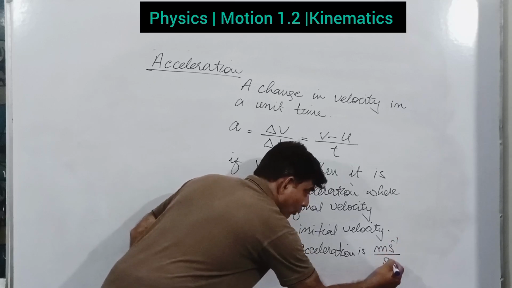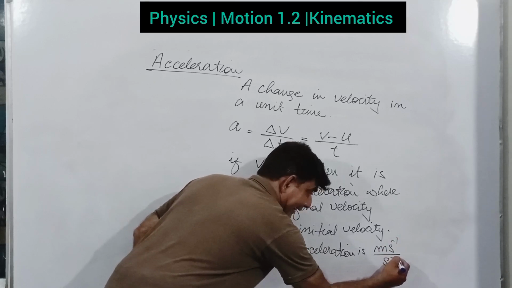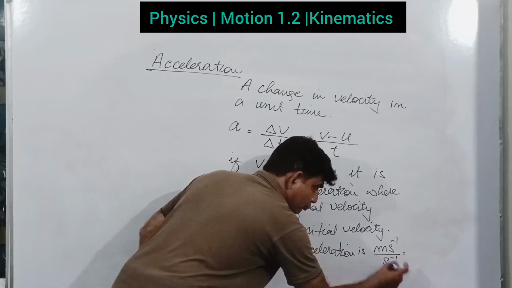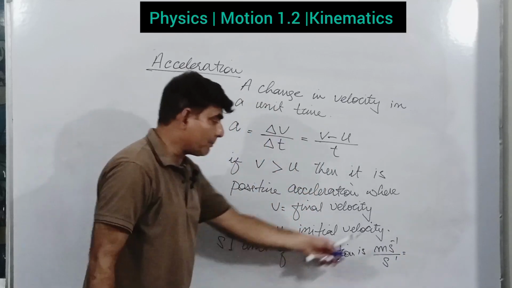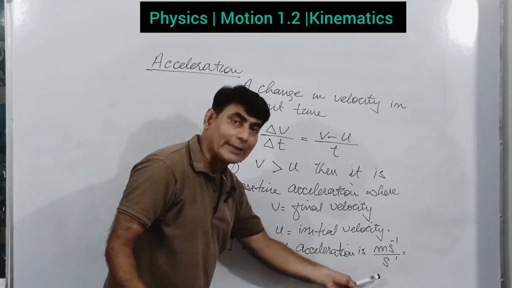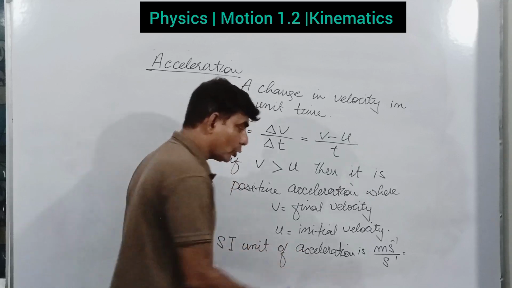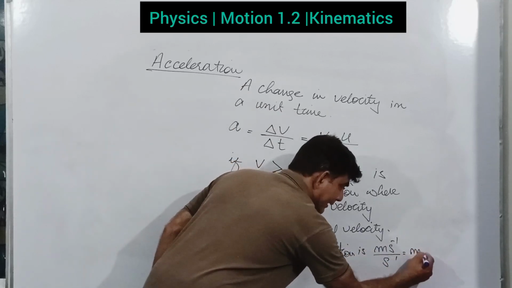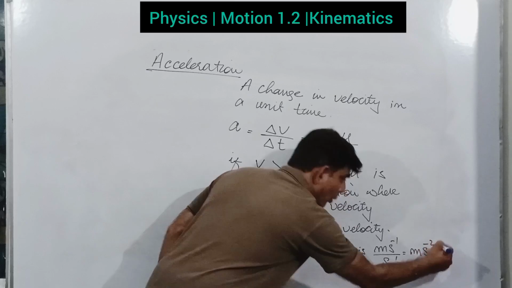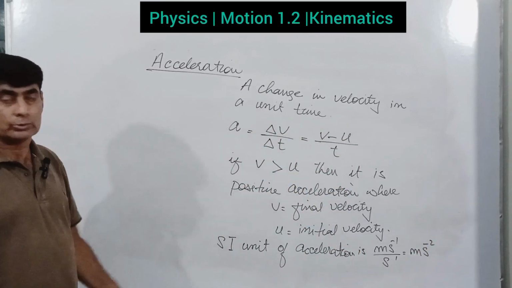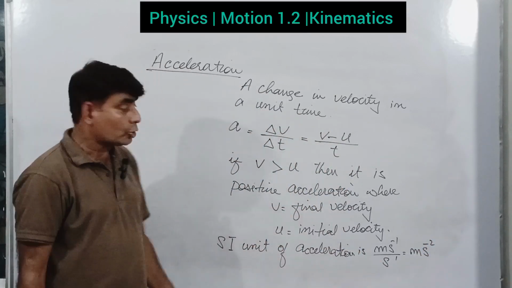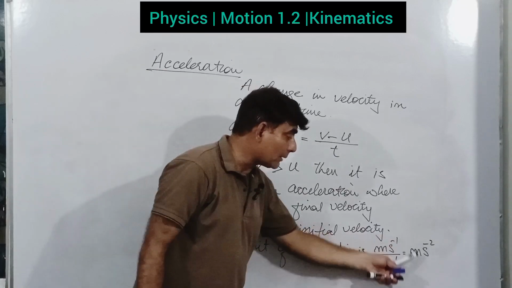When it is divided once again by second, this will be equal to meter per second per second. So this will be equal to meter per second square, m s to the power minus 2. So the SI unit of acceleration is meter per second square.